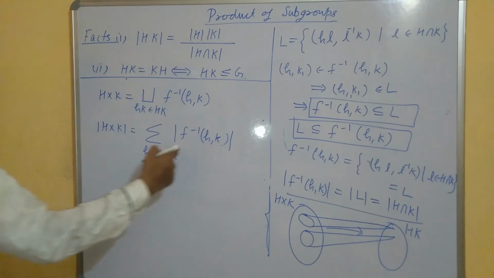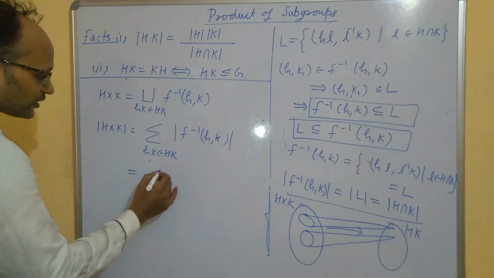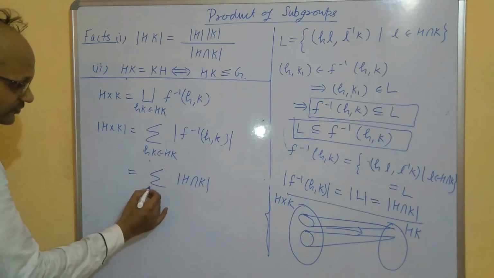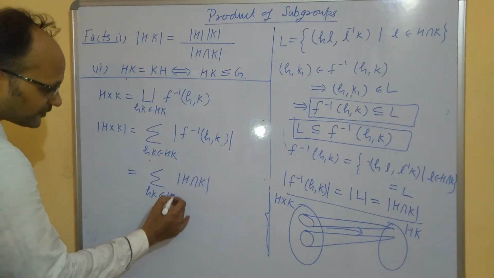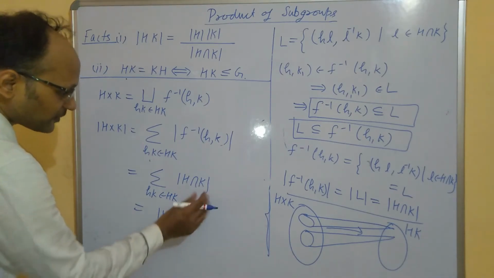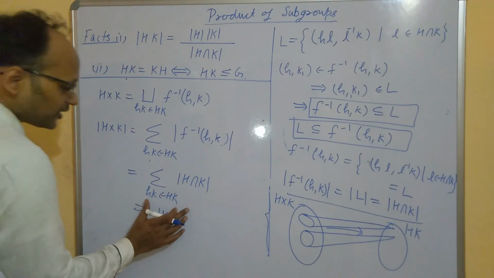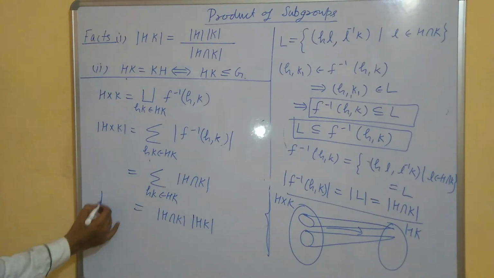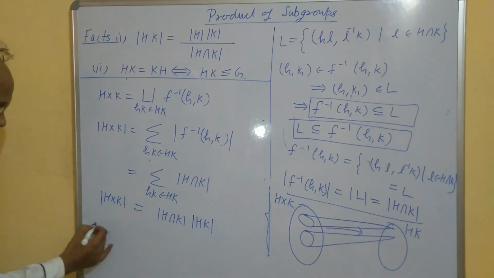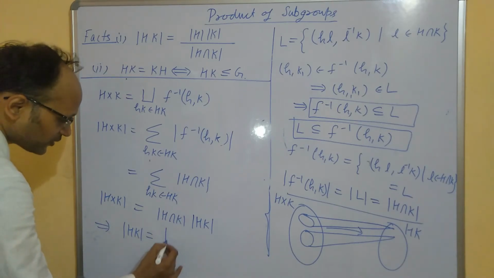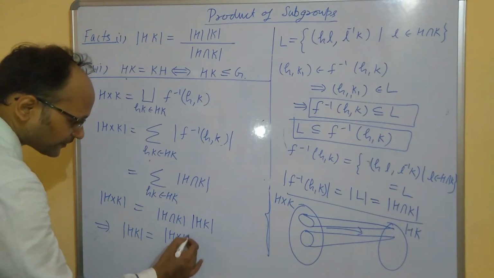Now we know that the number of elements in each of these sets is equal to the order of H intersection K. So this is nothing but the order of H intersection K, summed up to the number of elements in HK. So this implies the order of HK is equal to the order of H cross K upon the order of H intersection K.